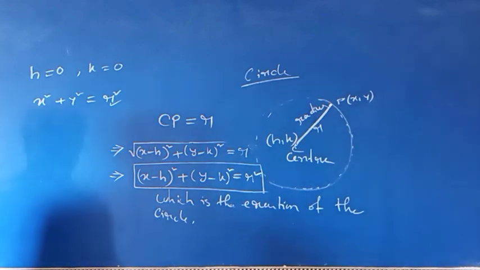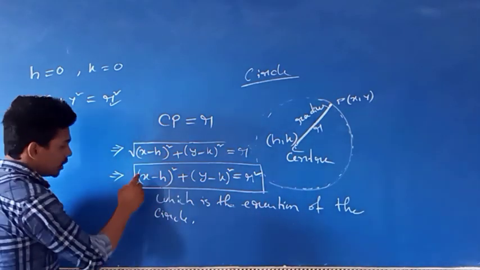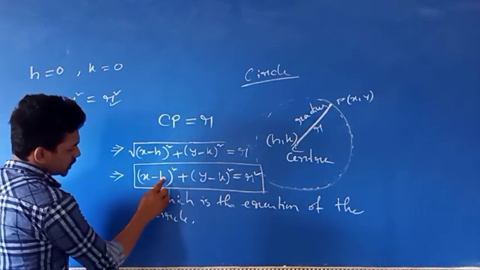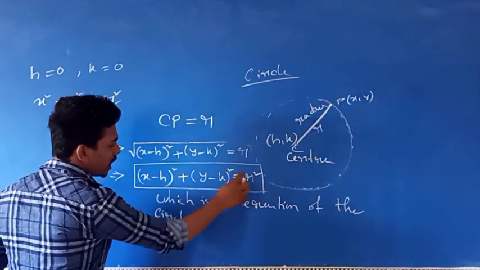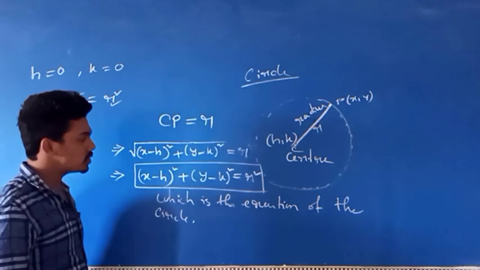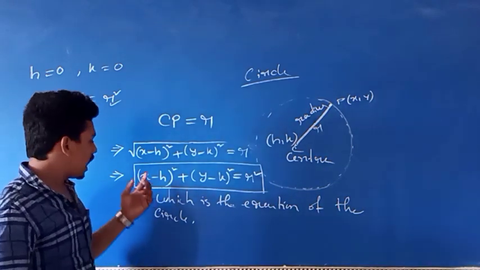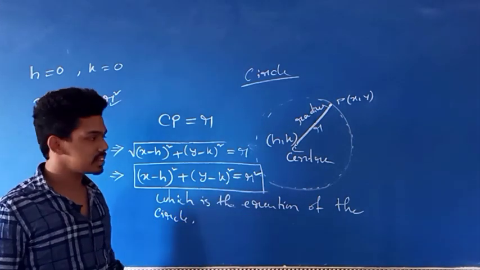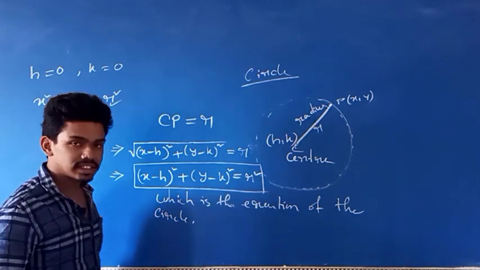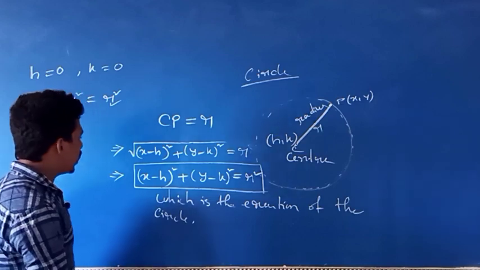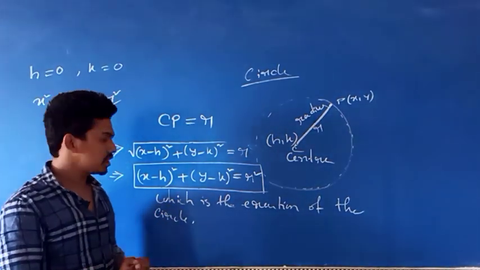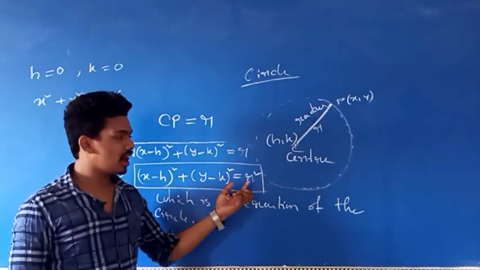Now, see, here in the equation of the circle, h, k and r are constants. x and y are variables, but h, k and r are three arbitrary constants. So if you find the equation of a circle, you need three constants h, k and r.